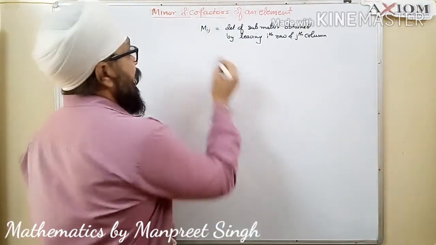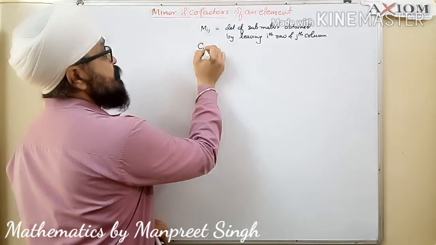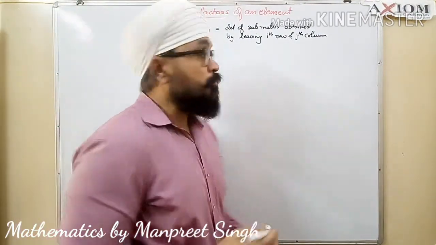Clear? And if I go for Cij, that is the cofactor.